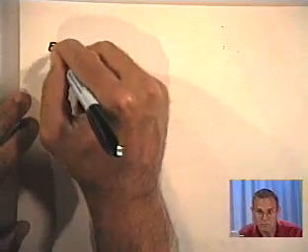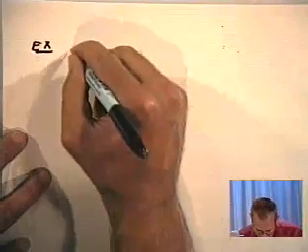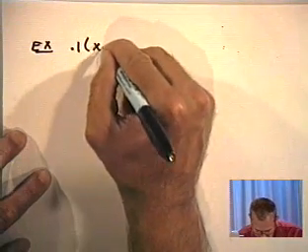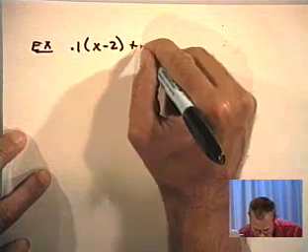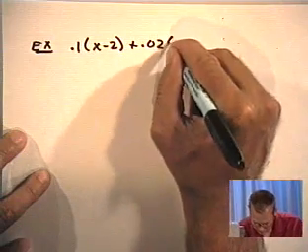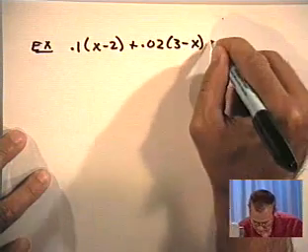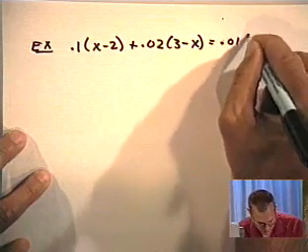One more. 0.1 times (x minus 2) plus 0.02 times 5.